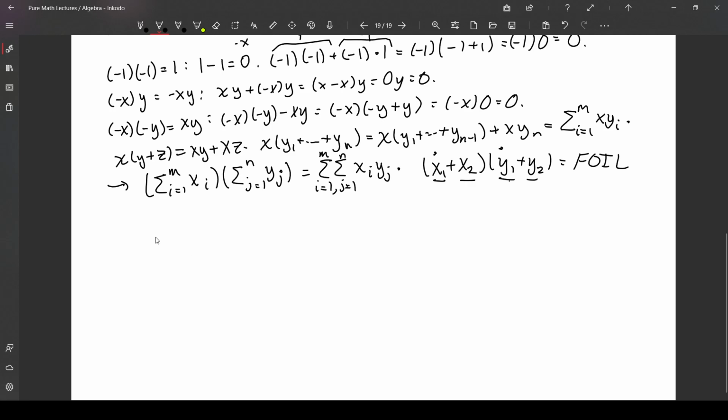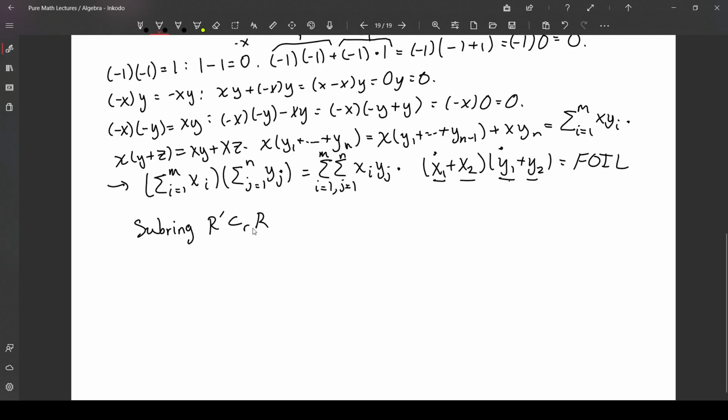Now we're going to look at some more definitions about rings. The first thing of interest is what a subring is. And again, I'm going to use this notation. If you're watching this without having watched the group theory videos, in those videos I used the subset notation with a little g to denote subgroup. So here I'm going to use a similar thing, but with a little r to denote subring.